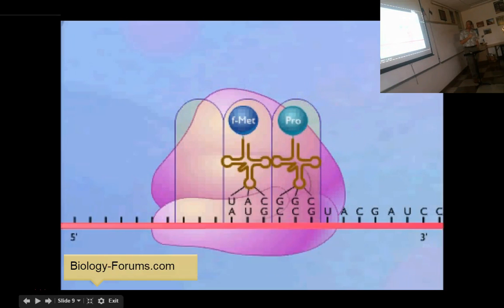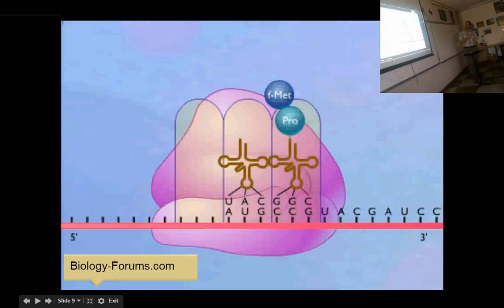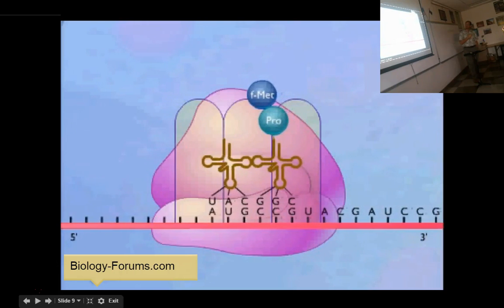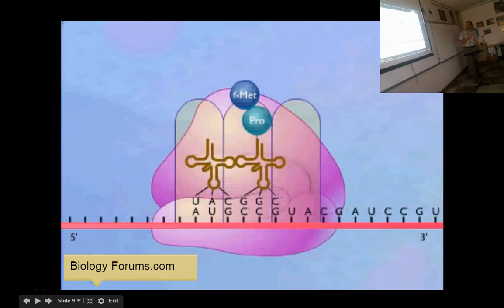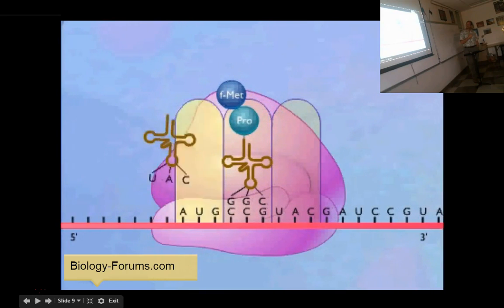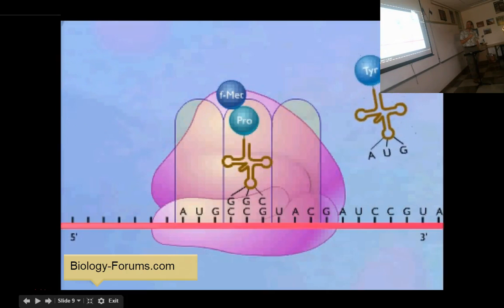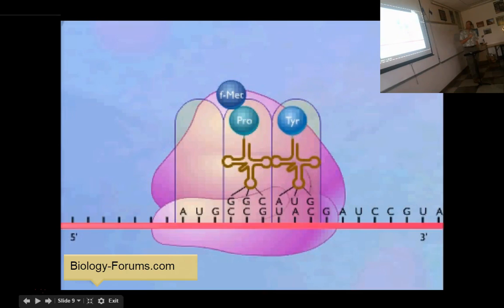The formylmethionine carried by the transfer RNA in the P site is then joined to the amino acid carried by the transfer RNA that just entered the A site by a peptide bond. The ribosome now advances a distance of 1 codon, and the transfer RNA that carried the formylmethionine is released at the E site. A transfer RNA carrying the next amino acid now moves into the A site, where the anticodon on the transfer RNA matches the codon on the messenger RNA.